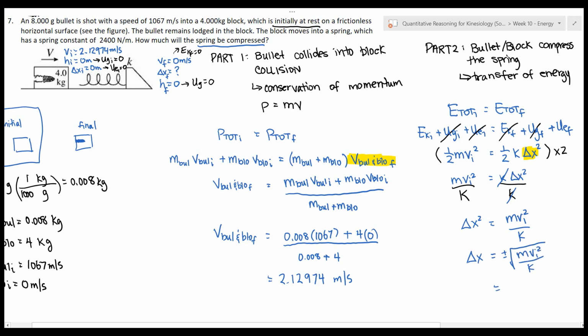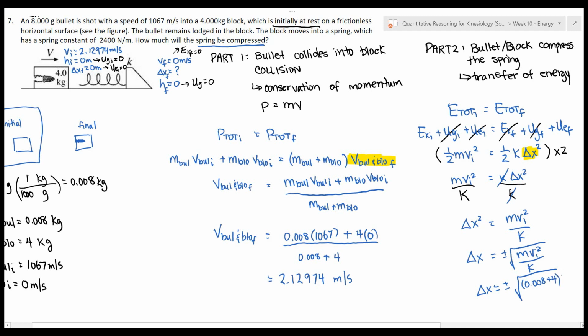Now I can plug in my values. So my mass, it was the mass of the bullet and block together. So that's 0.008 plus 4. So together it's 0.008 plus 4.